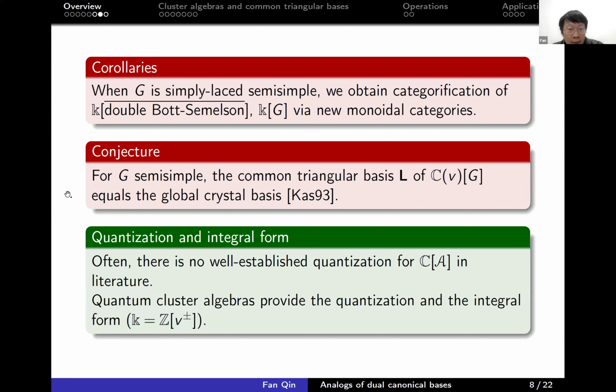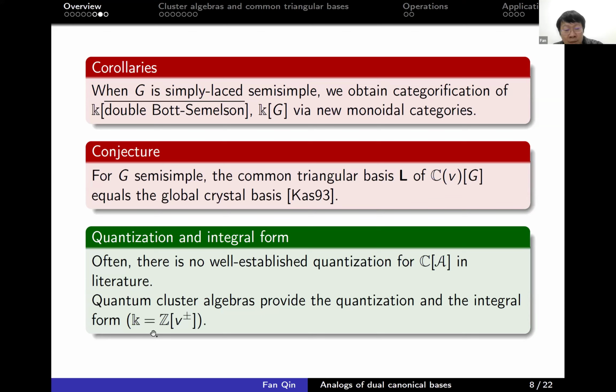Okay. And there's a comment about the usage of the cluster algebras. So often there's no well-established quantization of a coordinate ring in the literature, because you have to justify why your quantization is good, right? But now if this coordinate ring is actually a cluster algebra, then there's a very natural quantization in terms of cluster algebra. And actually, we not only have the quantum cluster algebra, we also have the integral form.